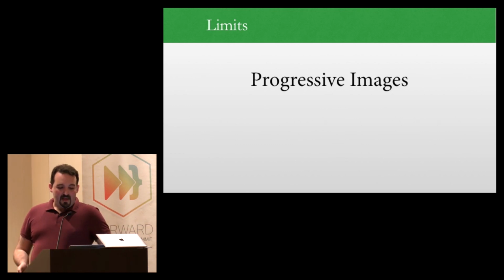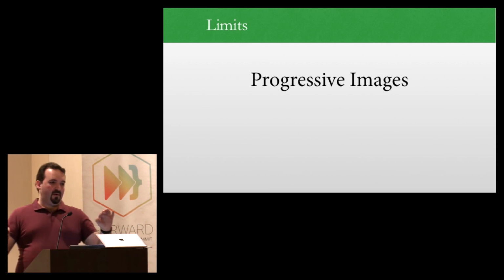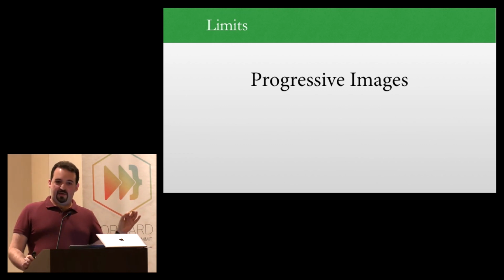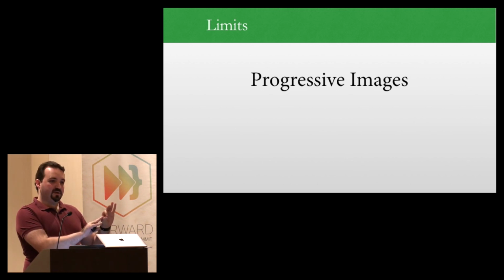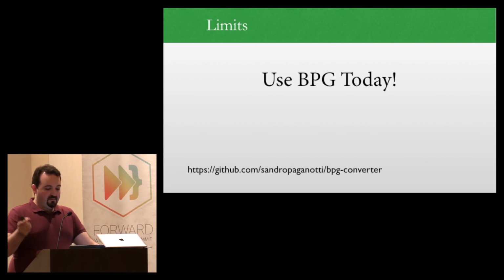For example, you can also use this for progressive images. Why can't we send a thumbnail of an image, and then instead of replacing that thumbnail with a high resolution image, we are going to just download the rest of the bytes that we need to complete the high resolution version. Remember I mentioned BPG? That's a new format that's even better than Zopfli PNG.